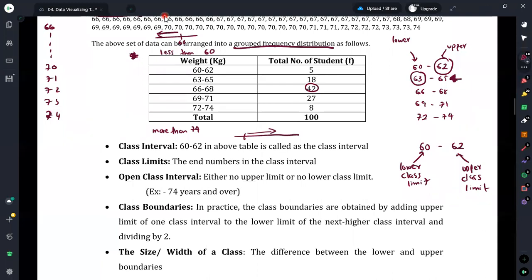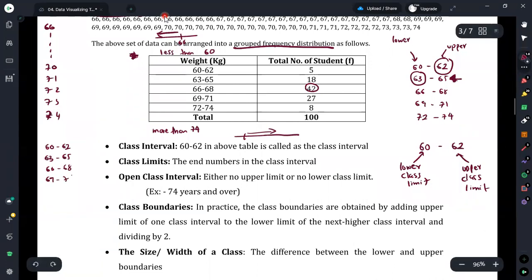If I explain it simply in this way, suppose that these are the classes we have: 63, 65, 66, 68, 69, 71, 72, and 74. I will take this class interval for the explanation of the class boundary.